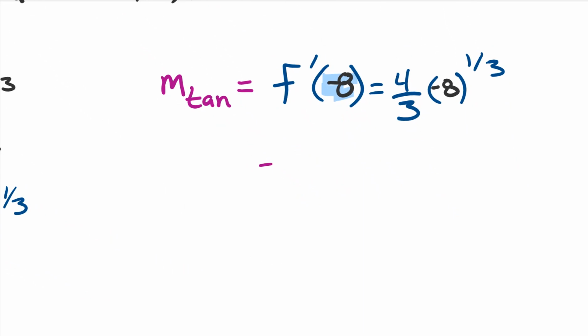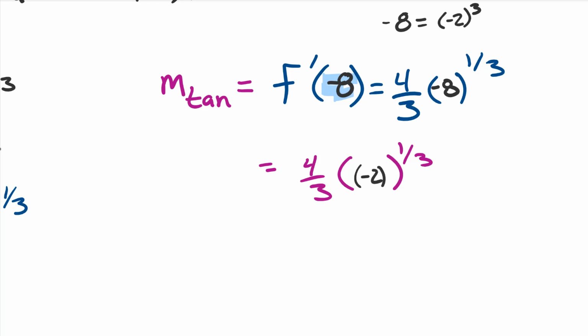Let's continue it down. Now we've got that 4/3, but let's start thinking about the 1/3. I wonder if -8 is equal to something that's cubed. Is -8 equal to -2 cubed? I think so. I hope so, or I made the problem wrong. I wanted it to clean up nicely, because now we can use exponent rules.